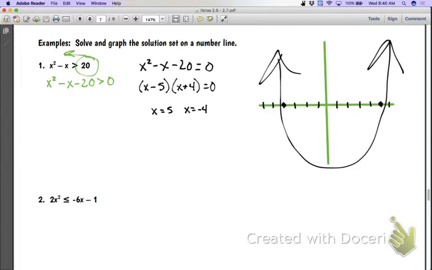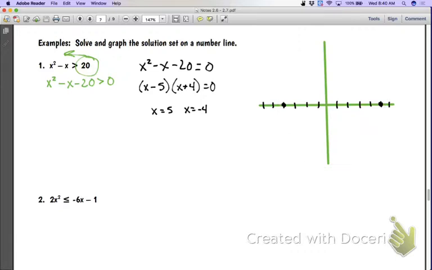Let me see if I can draw this a little bit better. Kind of, but not really. Okay, let's just say that it goes through 5. Do you understand now that there are 2 places that it crosses?